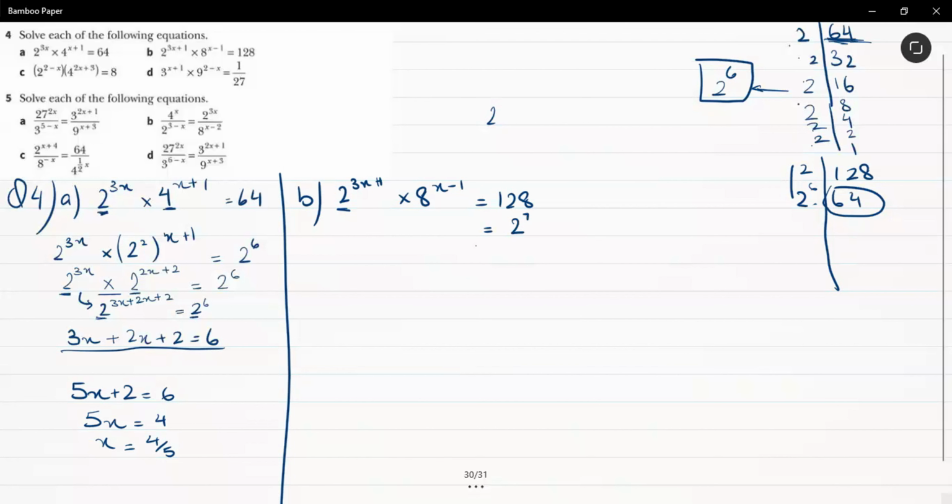So we are going to go forward: 2 raised to the power 3x plus 1 multiplied by 2 raised to the power 3x minus 3.